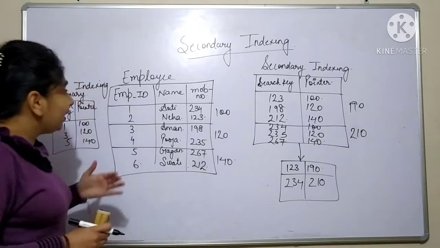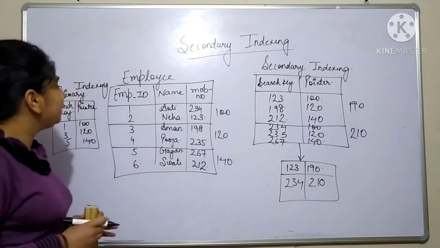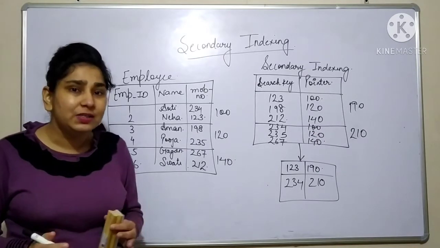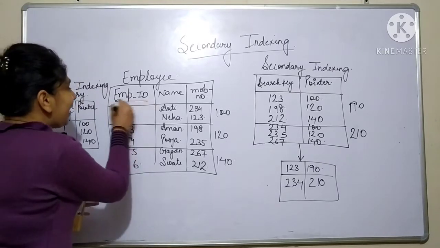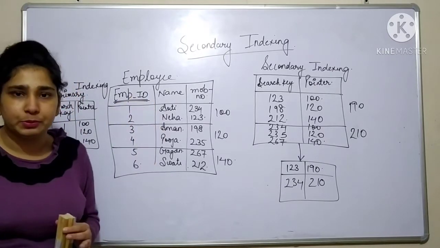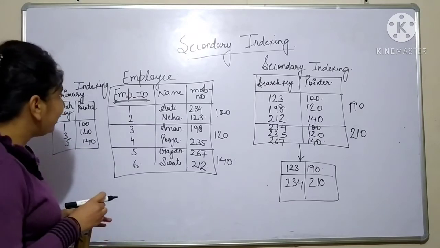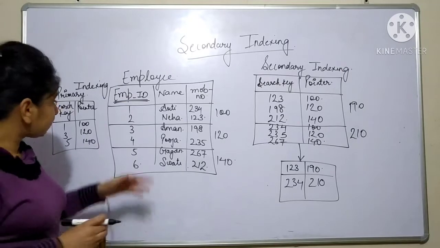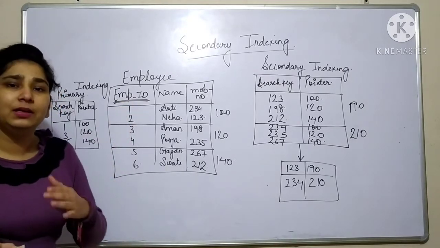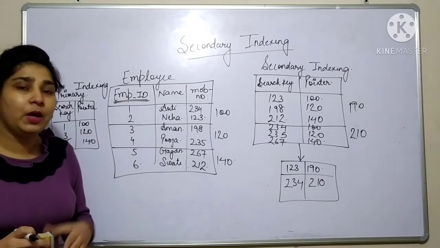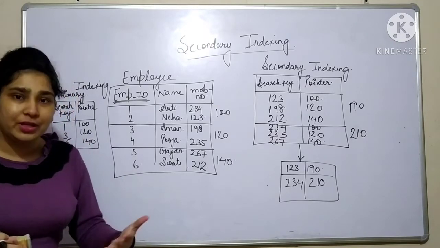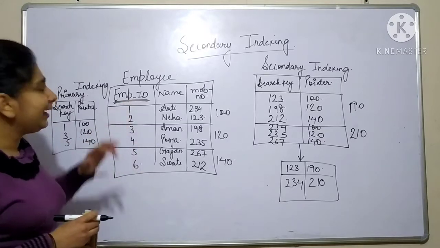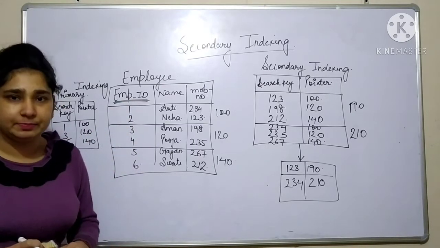When we discussed primary indexing, we discussed that we apply indexing on the key attribute, because your user is searching any employee detail with the help of the key attribute employee ID.